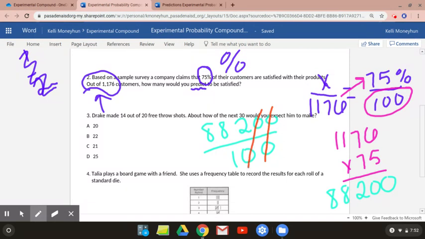Here's a 0 pair I can cancel. Now I have 882 divided by 1, which is just 882. Okay? Pause and make sure that you understand this. If you need to rewind it, please do. I need to make sure that y'all remember percentages, but also how to multiply big numbers and divide by 100 if you're not using tricks.